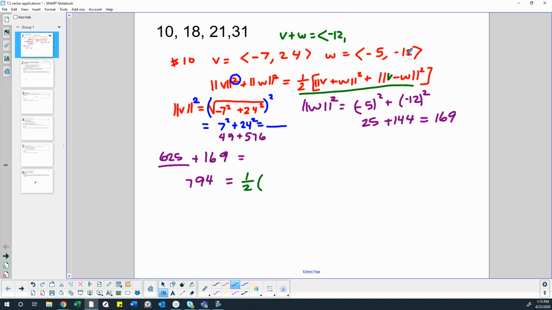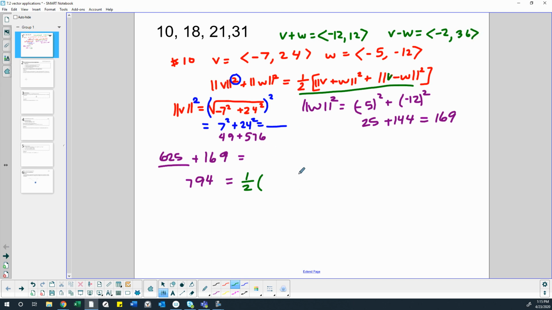And then 24 plus -12 would be 12. And then v minus w would be -7 minus -5 is -2. And then 24 minus -12 would be add, so that would be 36.